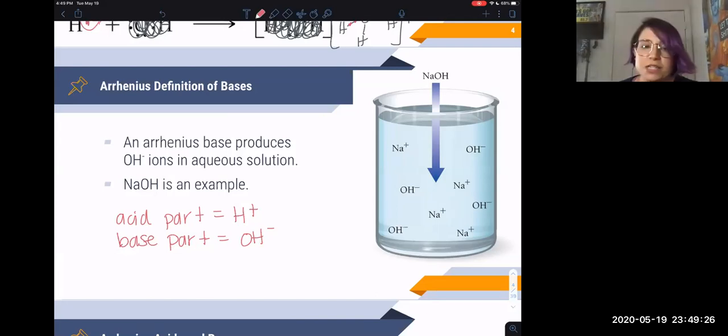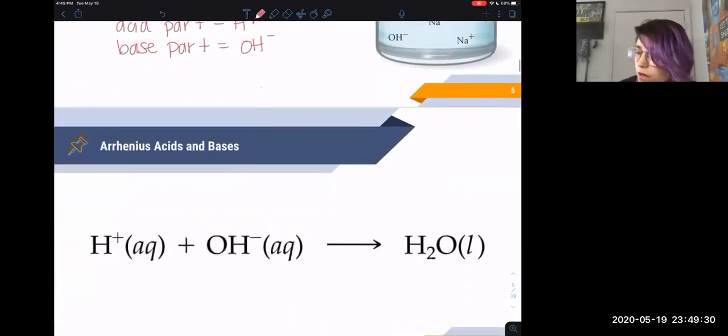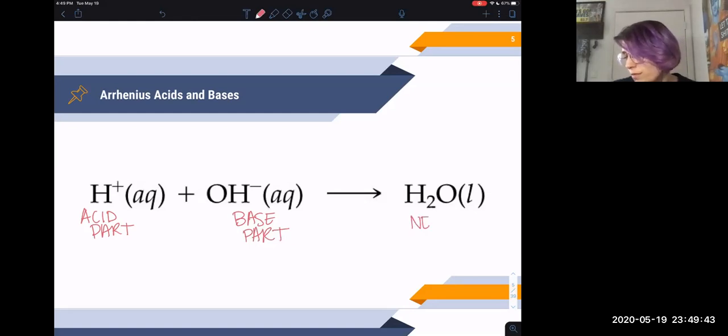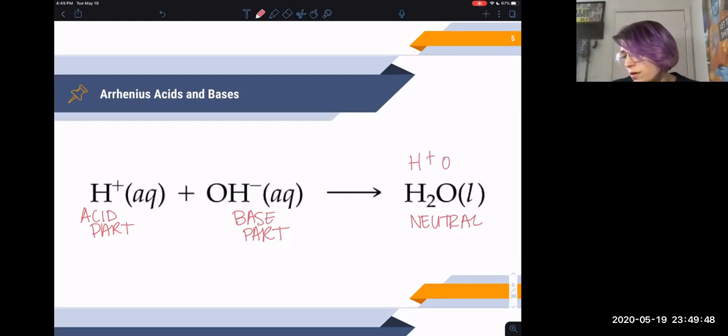So pretty much Arrhenius said, hey, anybody with an OH is a base. Okay. Because of this reason. So here's your acid part. Here's your base part. Here's my neutral. H plus OH makes water.